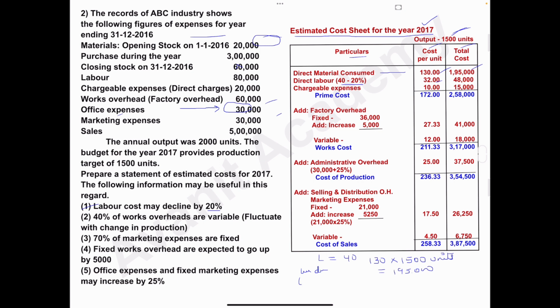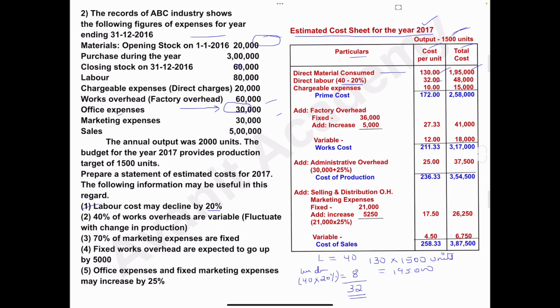Calculate 20% on this 40. 40 into 20% is 8. From this 40 minus 8, the remaining balance is 32. That is the long procedure. Directly we can calculate 40 minus 20% and get the direct answer, that is 32 rupees.